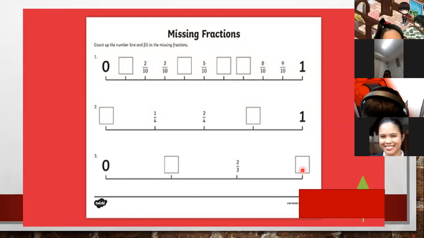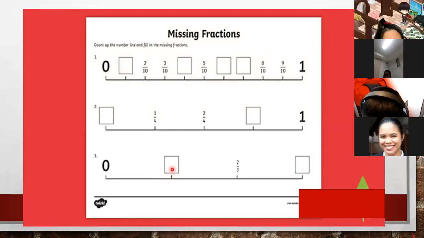This one? 1. 1. Okay. So that is the answer. That is 1.